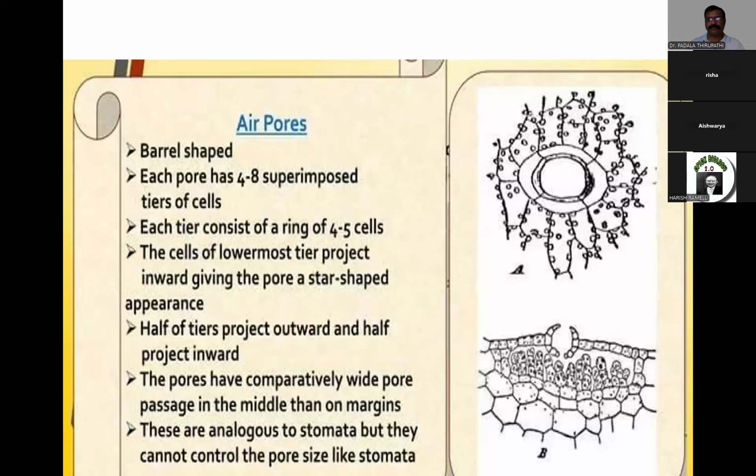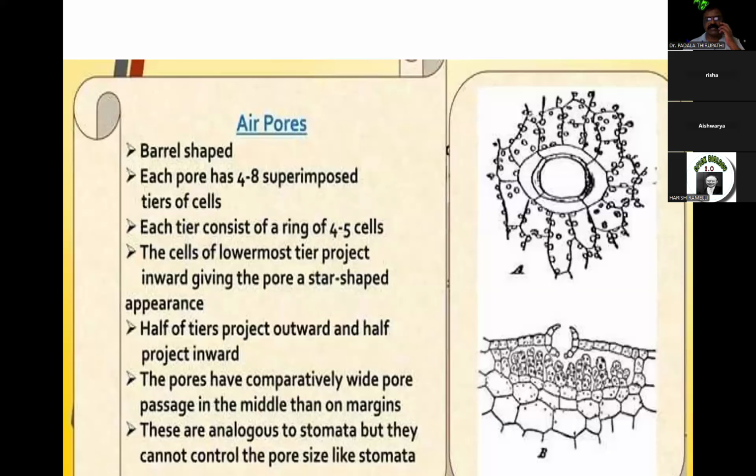So in the lower diagram, you're seeing the TS of the thallus. Upper diagram, just the pore. In the thallus, upper side and lower side are differentiated. The upper half of the tiers project outwards and half project inwards. That is about the pores. But on the upper side, you are seeing the photosynthetic region. In the next slide, that description will be there.